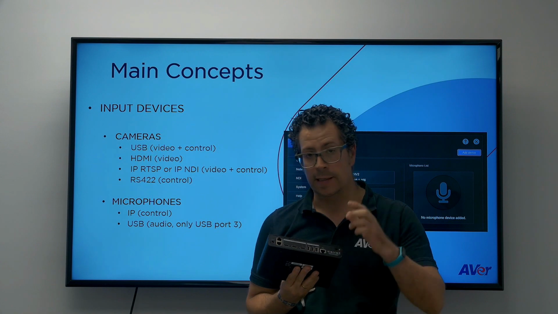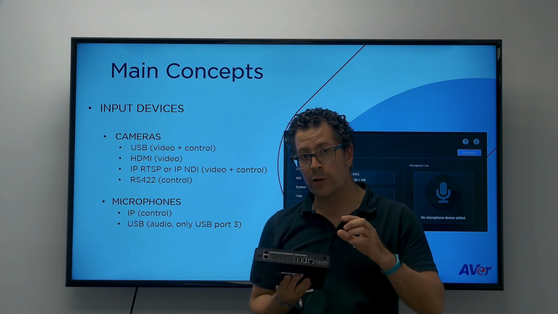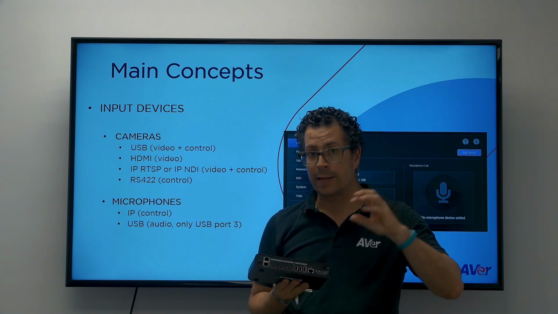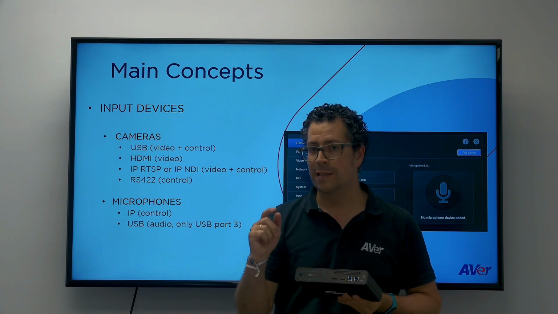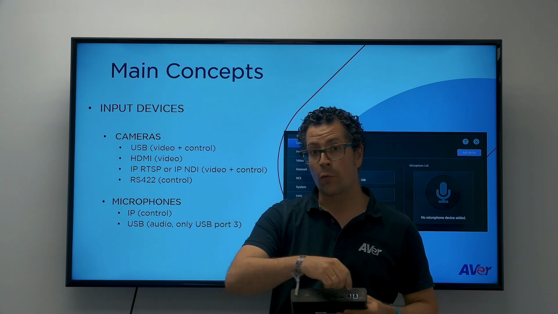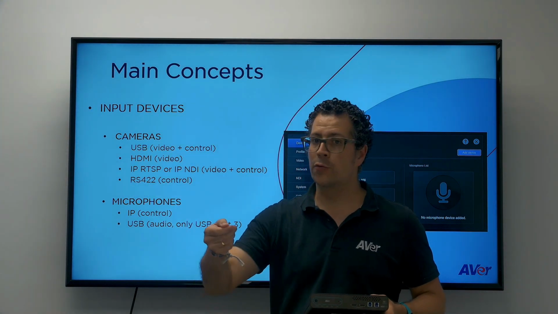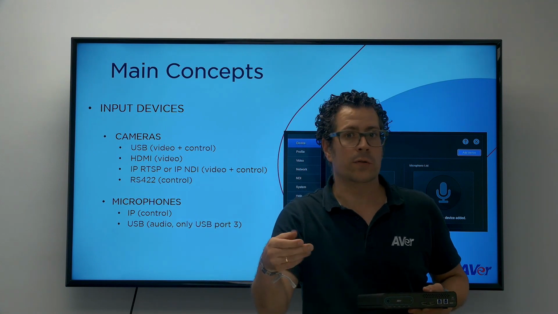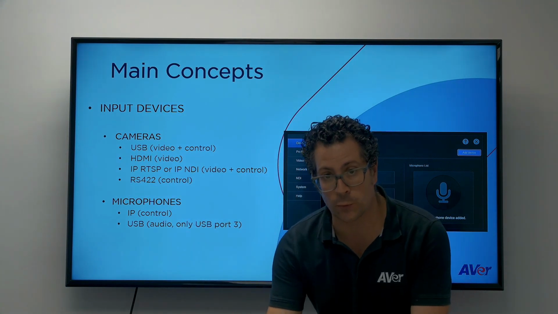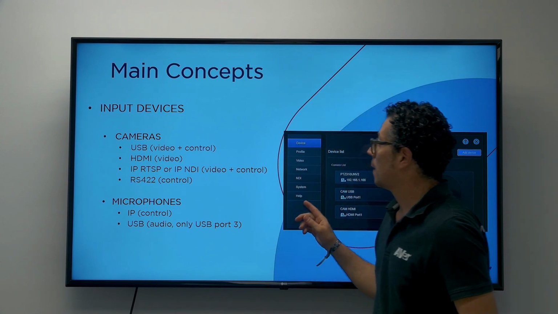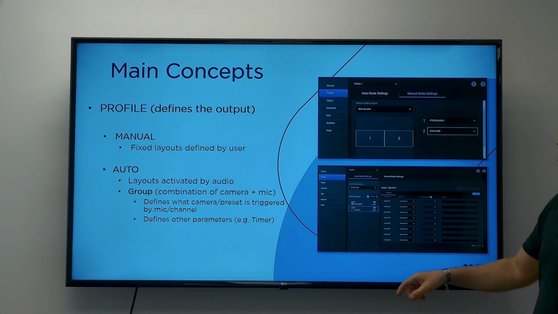In this case, as mentioned before, you are going to embed the video and the audio in the outputs. It is very, very convenient to have one single cable to connect to your laptop or to the team rooms or any other device. It's really, really convenient. It is regarding the inputs.